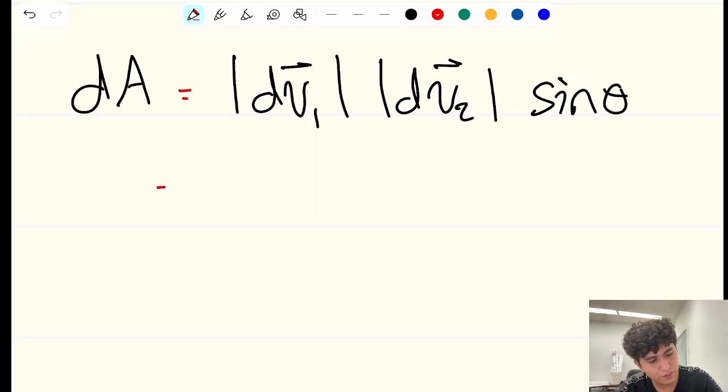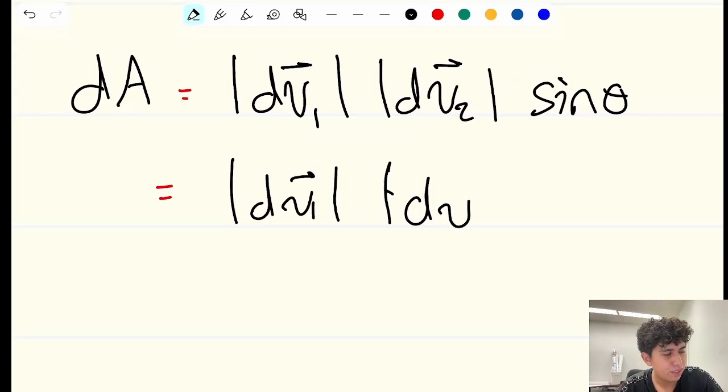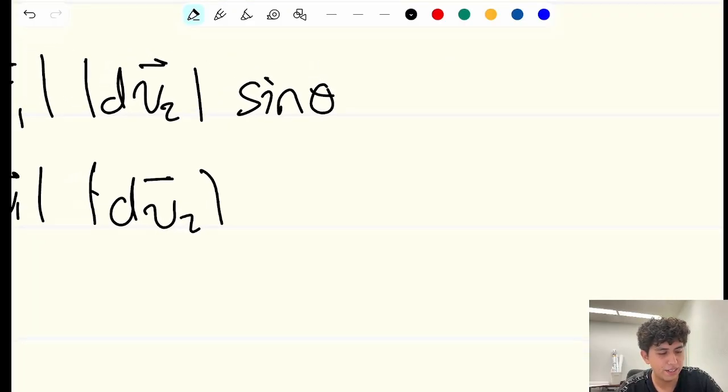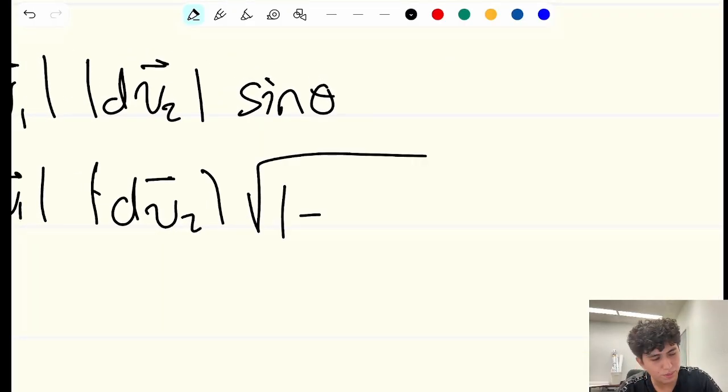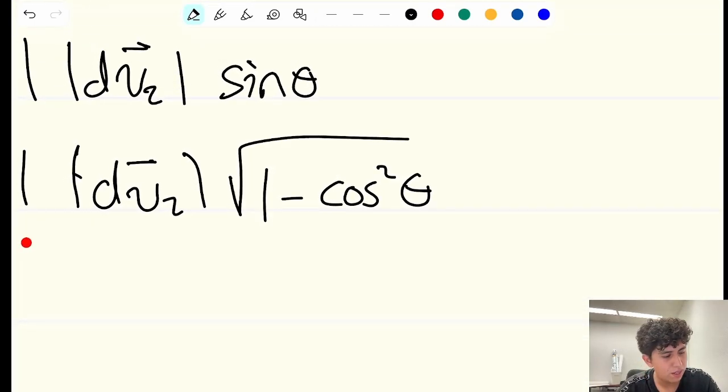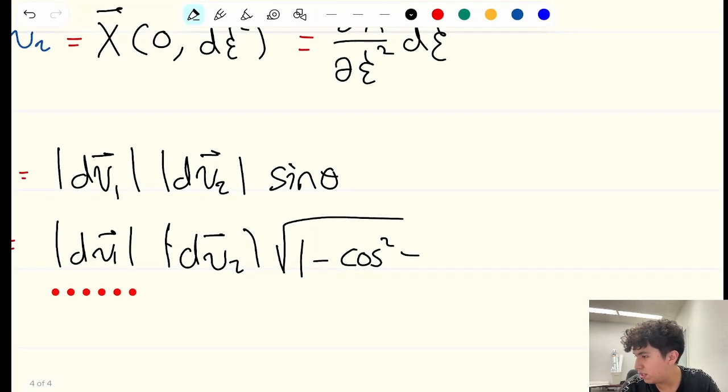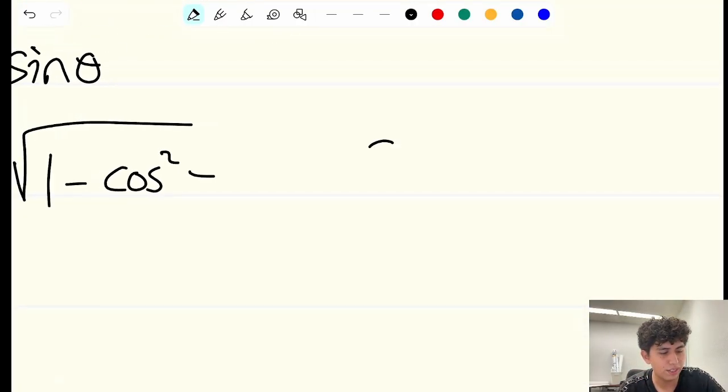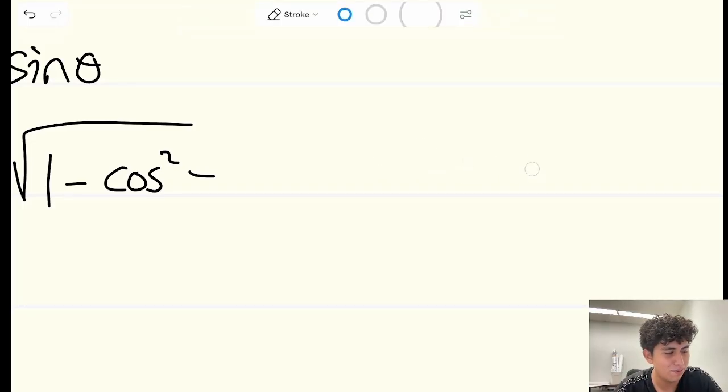So cool, and we simply do some trigonometry here. We're going to express this sine as the square root of 1 minus cosine squared of theta. This is just from the identity that sine squared plus cosine squared is equal to 1. You probably remember that. Very famous.